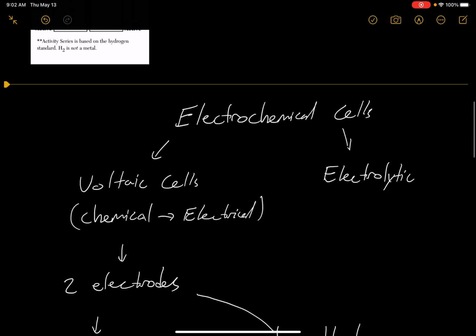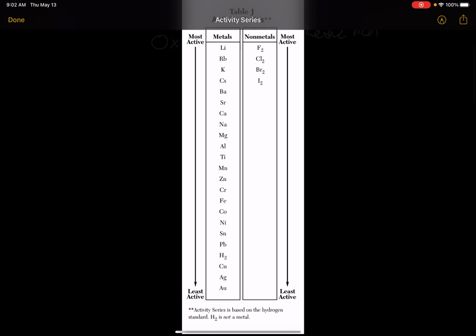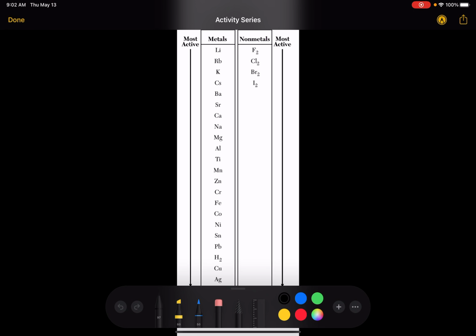All right, so we'll look back at table J. So we can see zinc is right here, hydrogen is over here. And so because zinc is more active than hydrogen, the metals higher up are more active, that means that zinc can give electrons to hydrogen, but hydrogen cannot give electrons back to zinc.